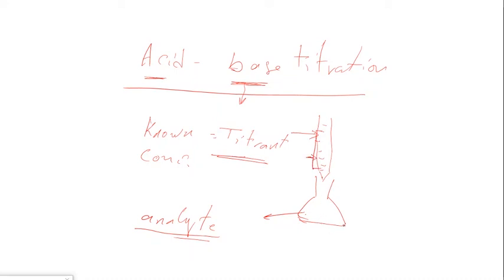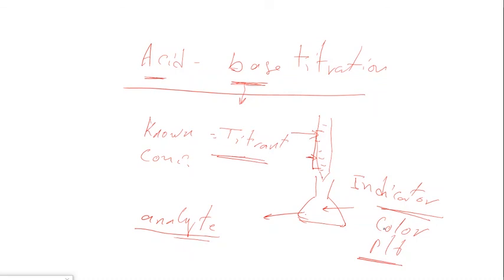In order to do that, we use what we call indicators. So inside our flask here, we add something else called an indicator. This indicator is a substance that has the ability to change its color according to the pH.